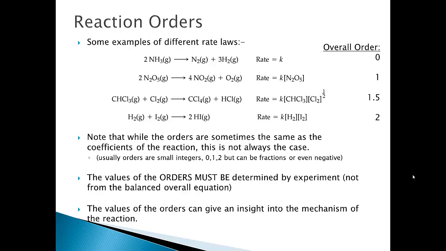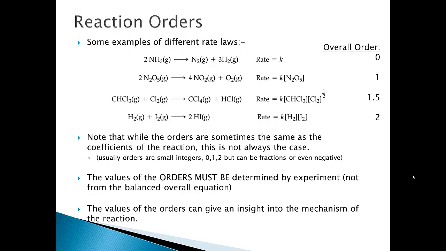You can also get odd numbers like 1.5, for example. This is because we've got a complicated reaction mechanism. That's the reason why we can sometimes get odd numbers. We won't discuss those too much. Usually we get whole numbers.